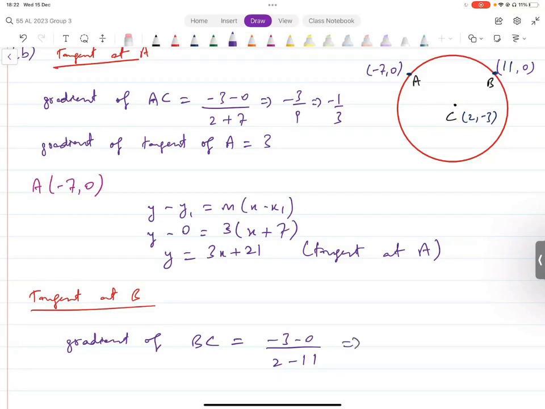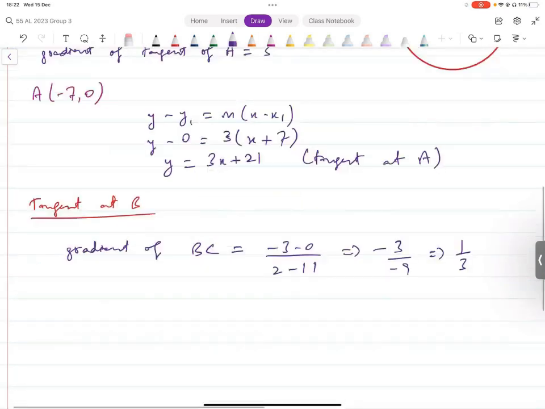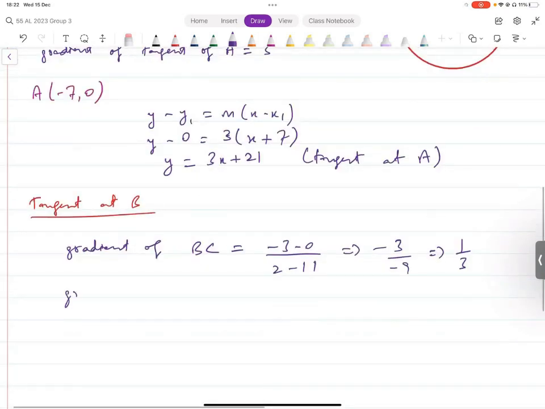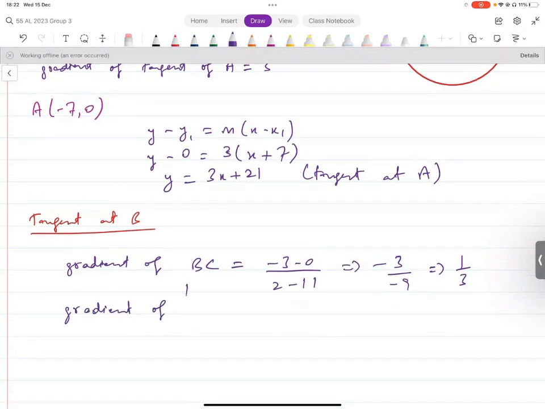What do you get from this? You get -3 over -9, which is 1 over 3. तो इसका आपके पास gradient of tangent क्या आ जाएगा? Gradient of tangent at B, that is just going to be negative reciprocal of this, which is -3.